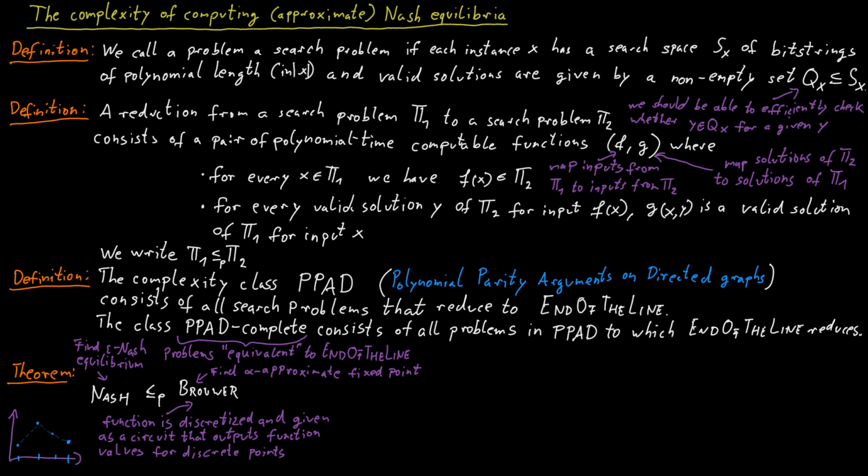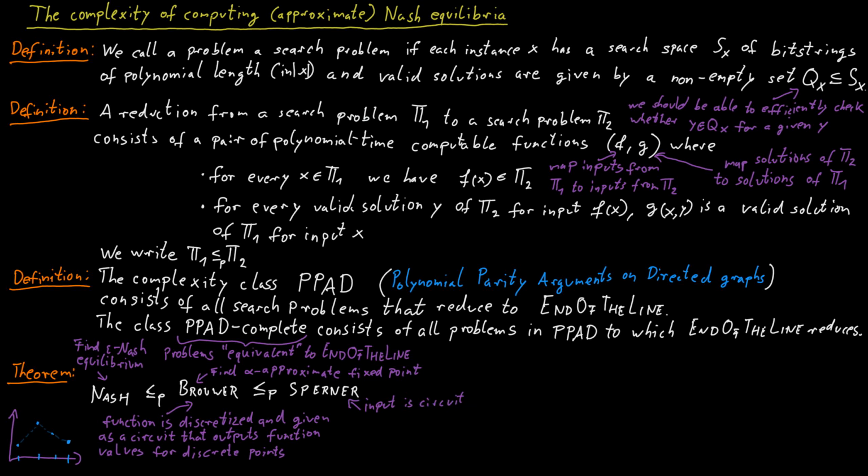Now you might be able to guess where this is going. We take Brouwer, and in fact, we realize that Brouwer reduces to the problem Sperner. So what is the problem Sperner? The input to this problem is a circuit, and the circuit simply translates identifiers of vertices of this subdivided simplex into a color.